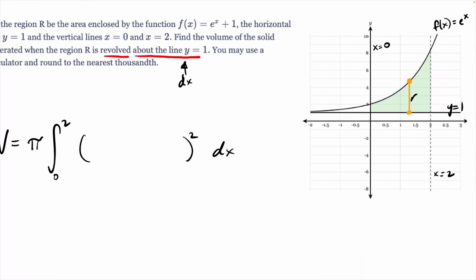So what am I going to have in the parentheses? e to the x power. Plus 1, sorry. Yeah, plus 1. And then minus, right? The bottom function. Well, what is the bottom function?